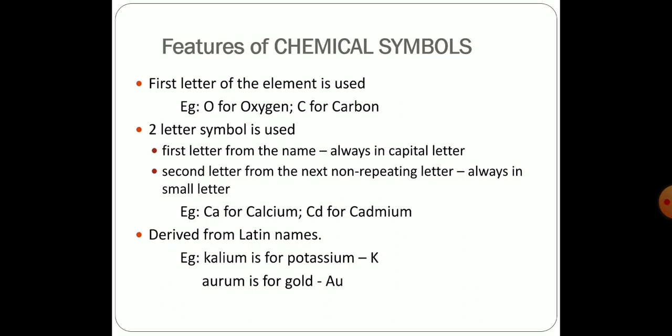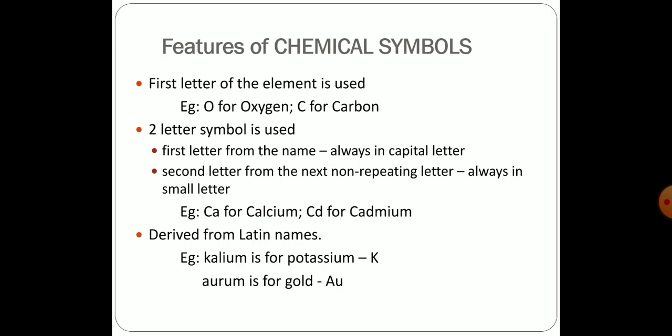Now if we take the example of cobalt, the symbol is capital C and small o, that is Co, the first two letters. We first go with the first two letters. Now if the second letter is repeating, then we go to the next letter. This is how we give the symbols for the elements.